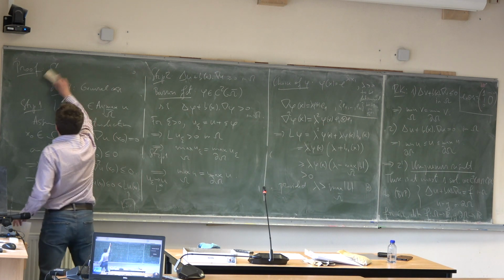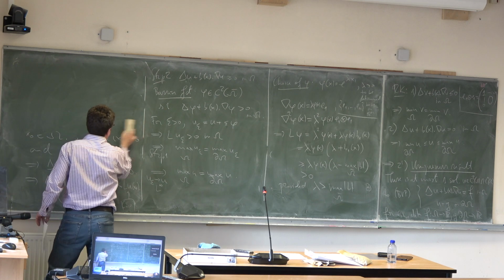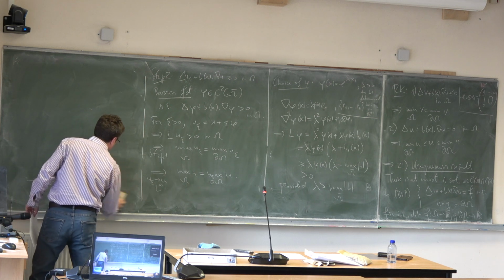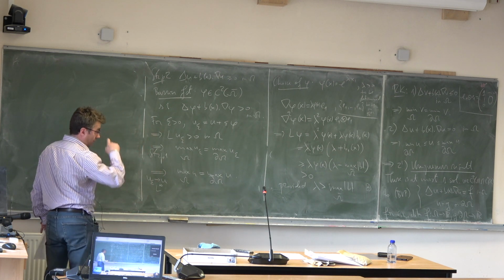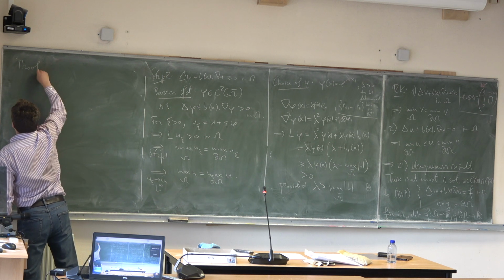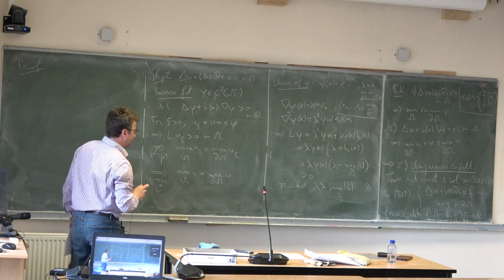Well, you assume that there are two solutions and you take the difference, right? So you will use the linearity of your operator, right? So it's a uniqueness. I'm not speaking about existence.